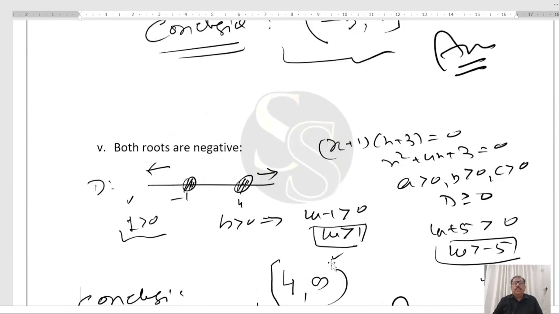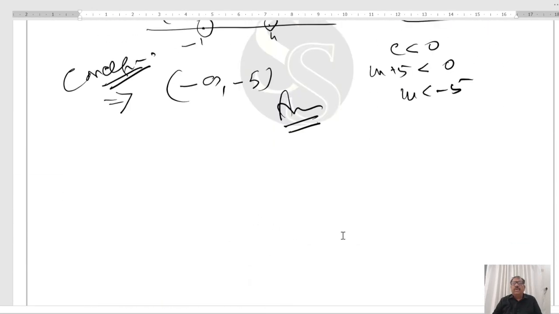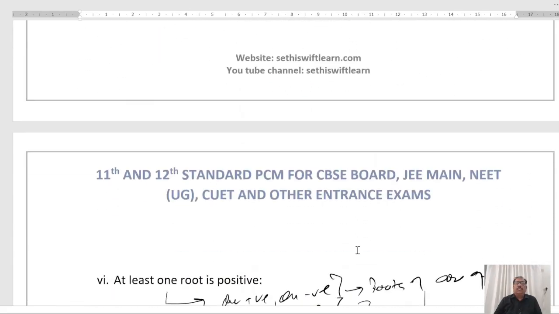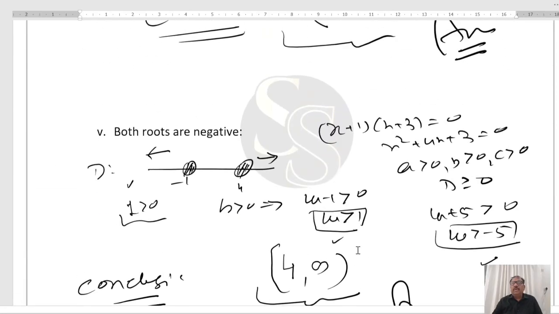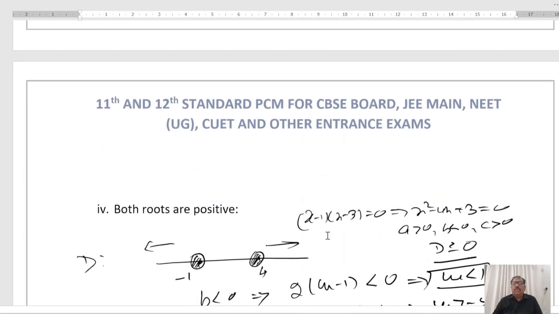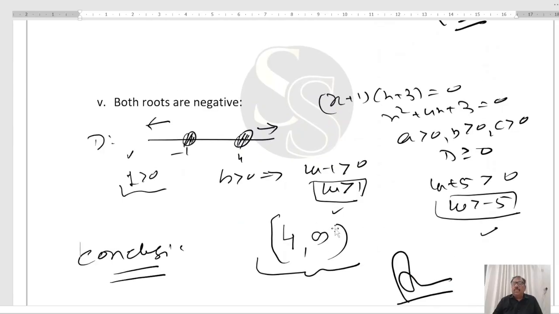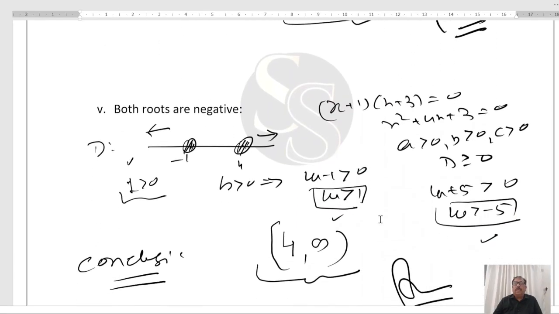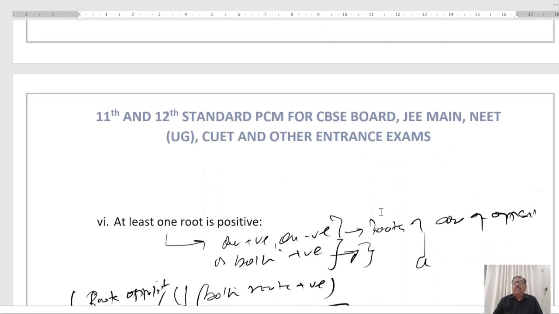Opposite sign, third part: minus infinity, minus 5. Right? Fourth way, minus 5, 1. Minus 5, 1.